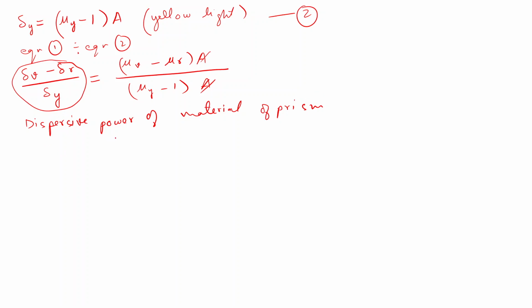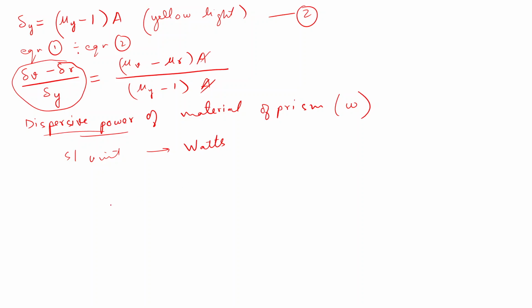So we denote dispersive power by omega, and the SI unit of this dispersive power that we measure is in watts.